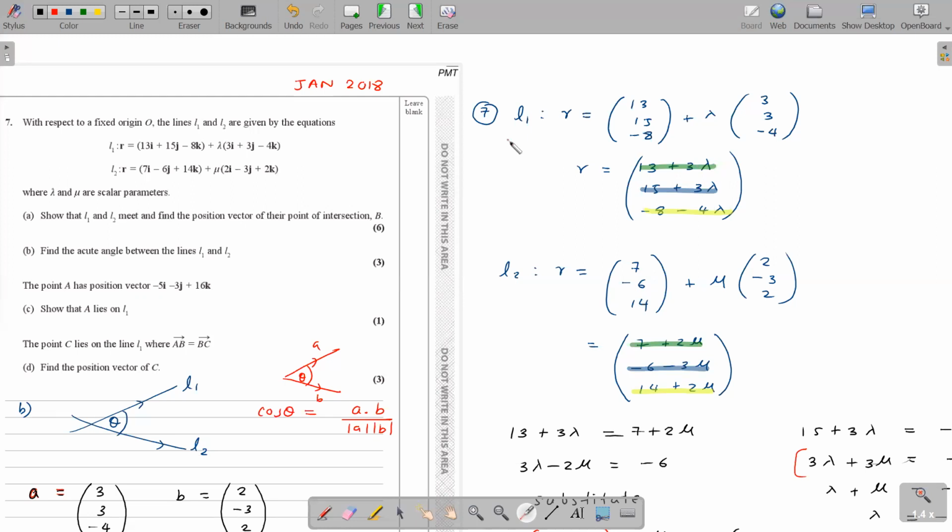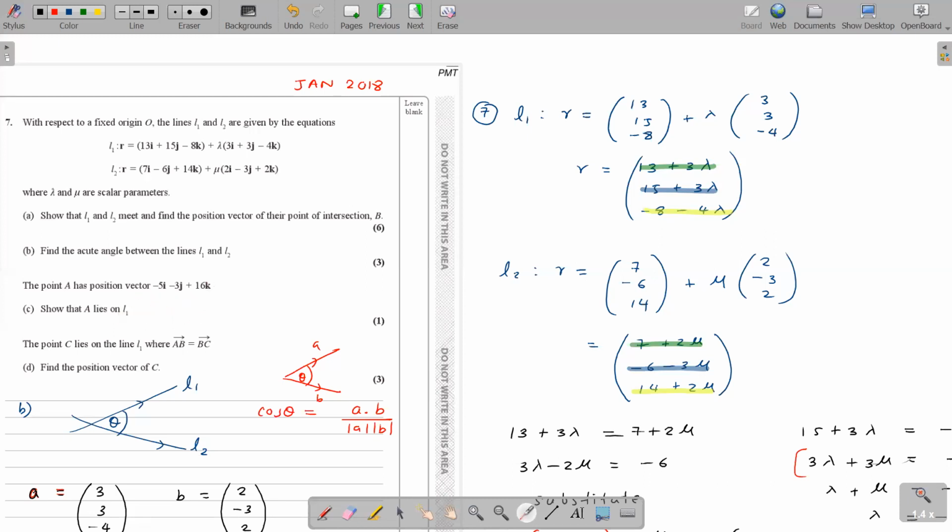Any point on line 1, the x coordinate has to follow the format 13 plus 3 lambda. The y coordinate should follow 15 plus 3 lambda. The z coordinate of any point on line L1 follows minus 8 minus 4 lambda. So what you have to do is show that there is a single lambda value that can generate this particular answer.